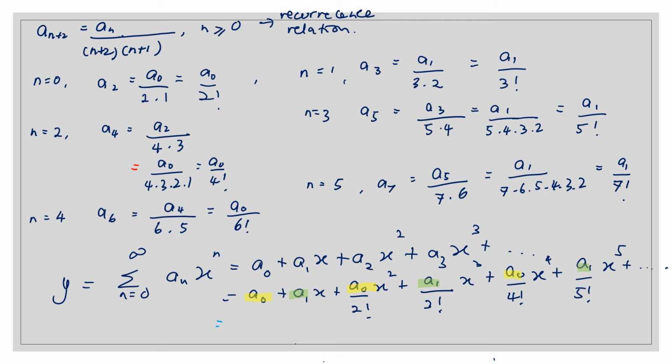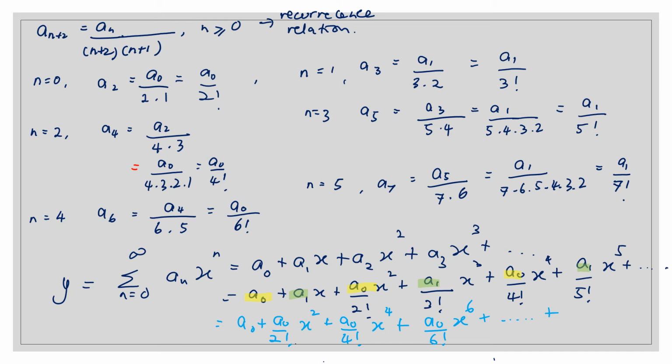So we can simplify it. For a0 we will have a0 plus a0 over 2 factorial x squared plus a0 over 4 factorial x to the 4th plus a0 over 6 factorial x to the 6th plus dot dot dot.